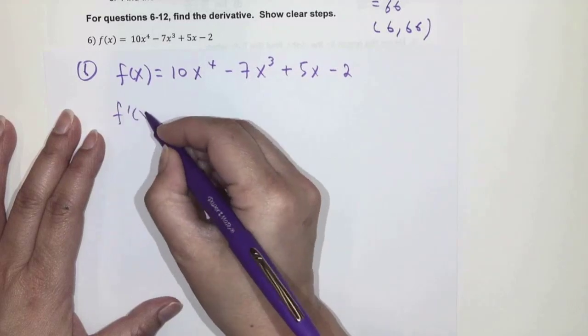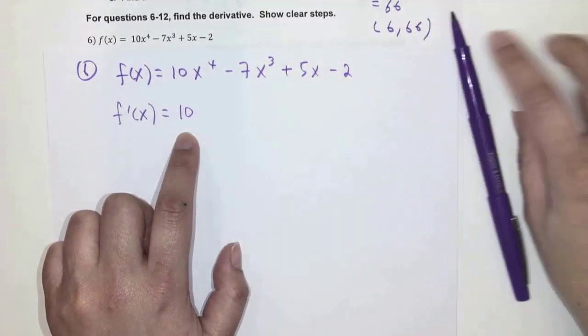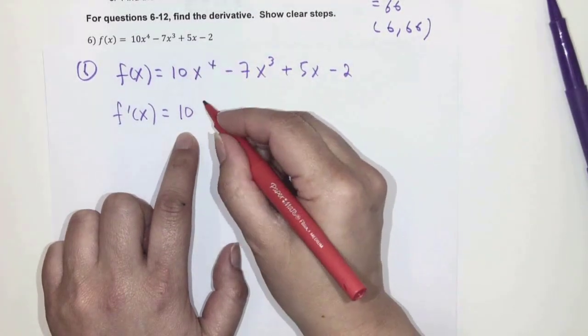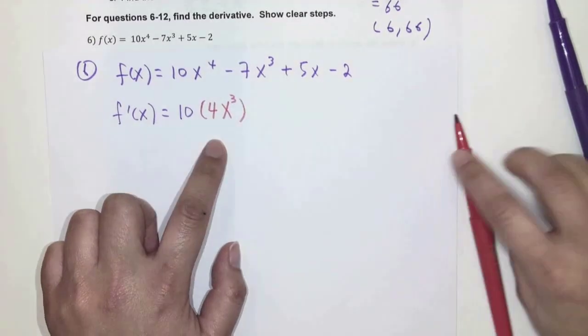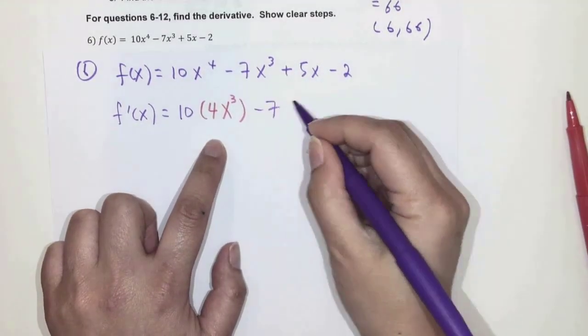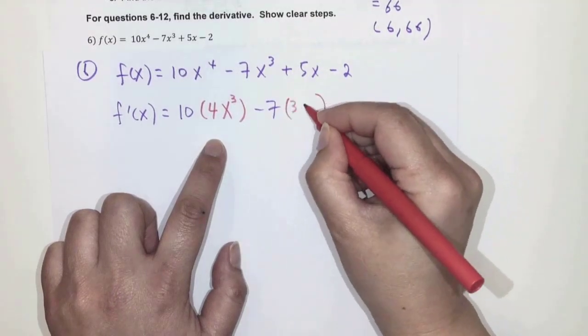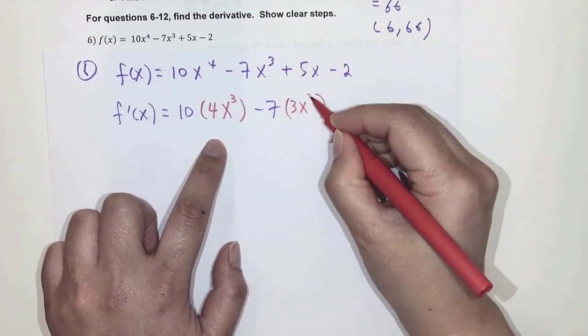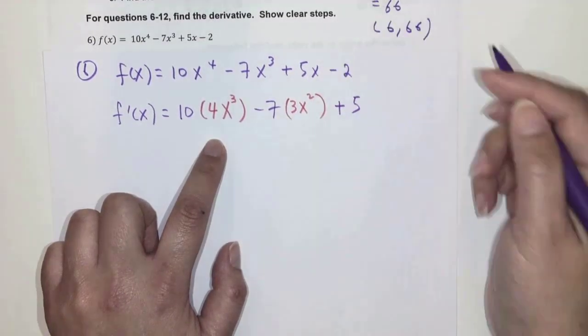When we take this derivative, the first one has a number, so it's just 10, and then take the derivative of this part, where we bring down the 4 and take 1 degree down, right? The next term, the 7 stays here. Take the derivative of x cubed, we have 3x and then 1 degree down, right? When you have just 5x, it would be just 5, the x turns to 1, right?